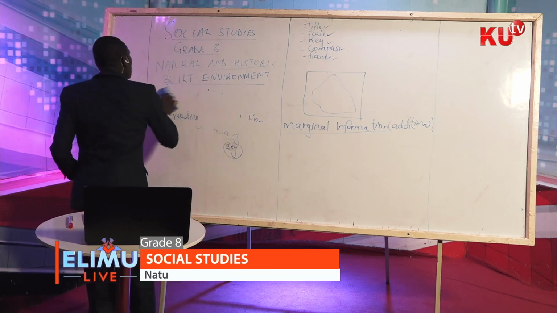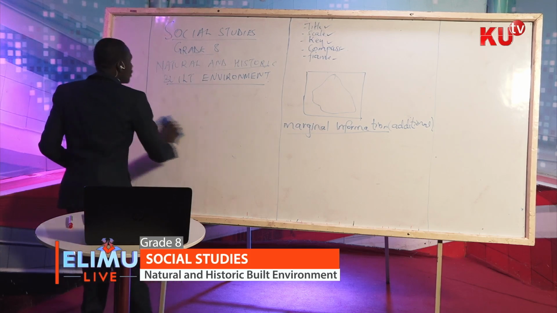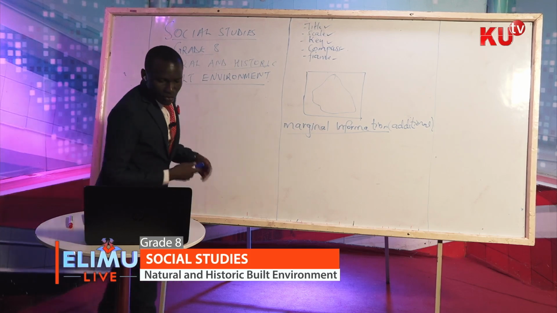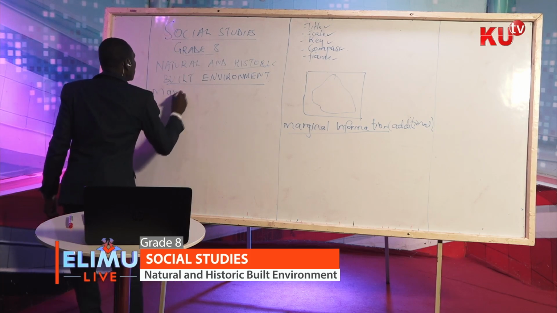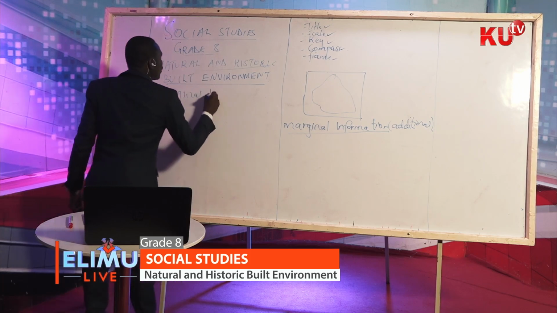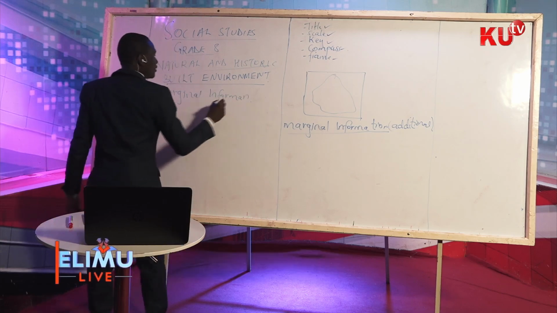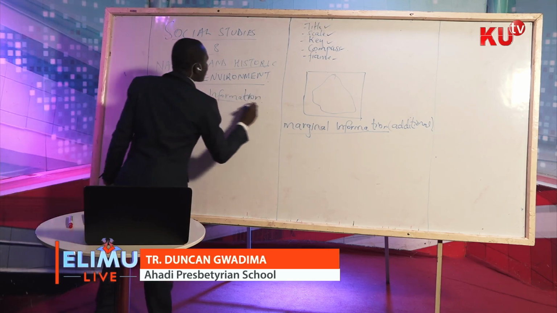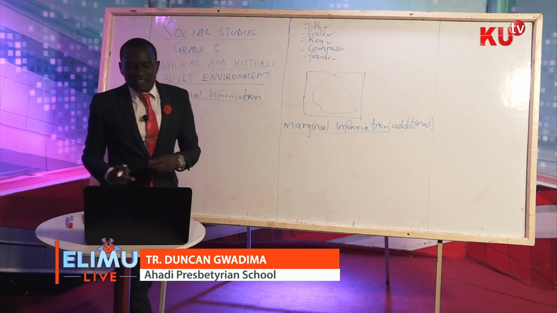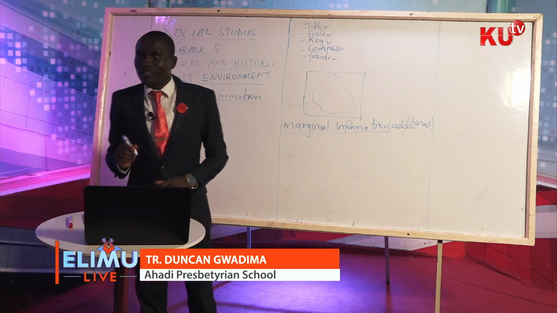Let us now look at marginal information. What can you be able to see? The first marginal information that you can see on that screen is the title.